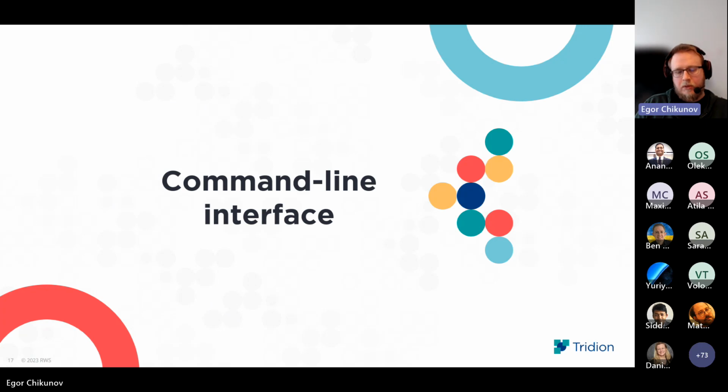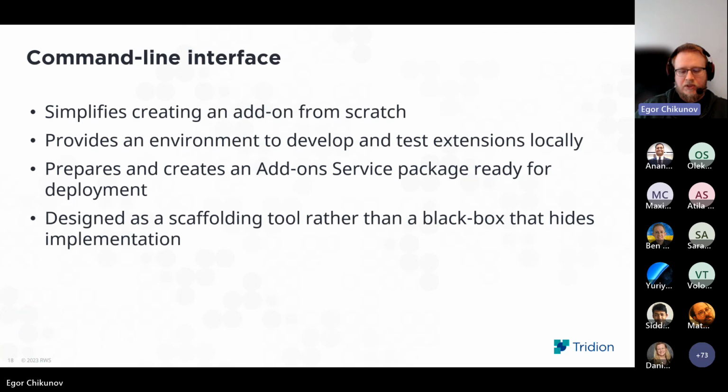Then the next part is the command line interface. With the command line interface, we wanted to simplify the whole development flow for a new extension. So it allows you to create a new add-on service add-on from scratch.